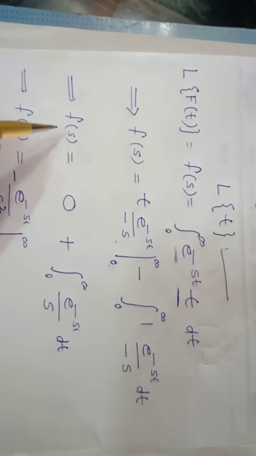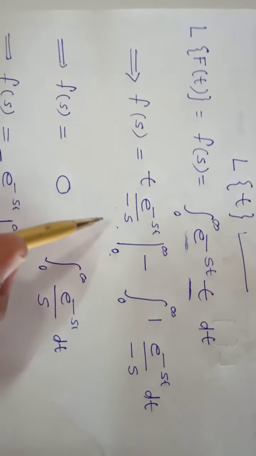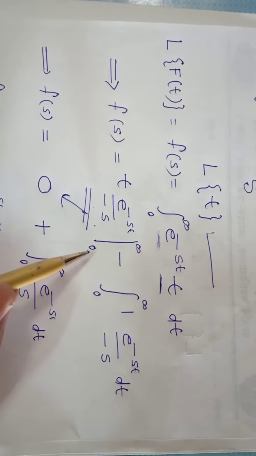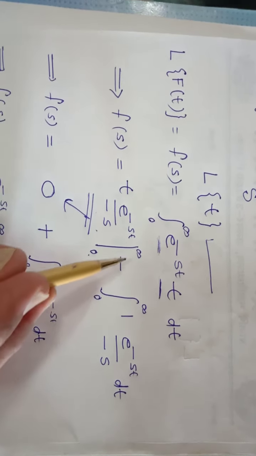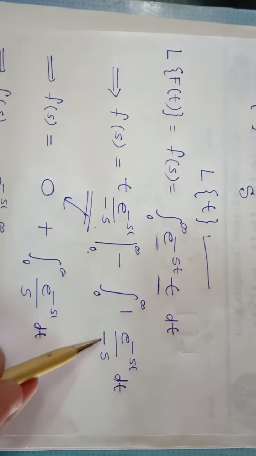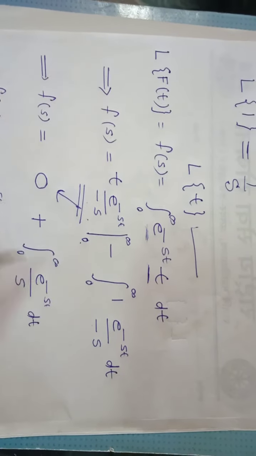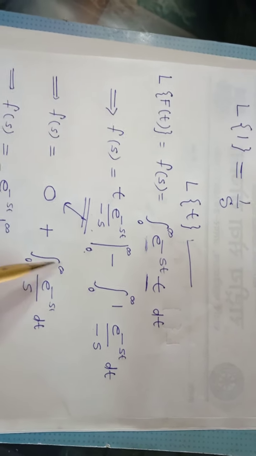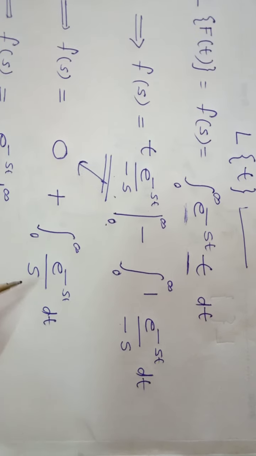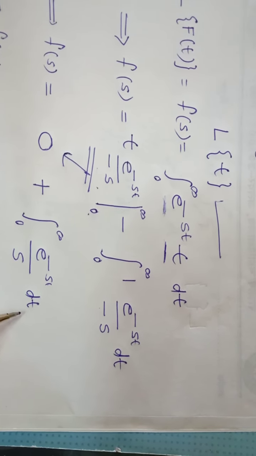This implies that F(s) is equal to, now this will become 0 because the lower limit is 0 and the upper limit is infinite, so the result will be 0. This negative and this negative will become positive. 0 to infinite e raised to power minus st upon s and then dt.